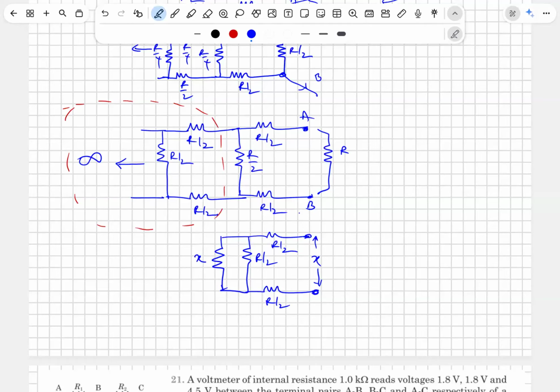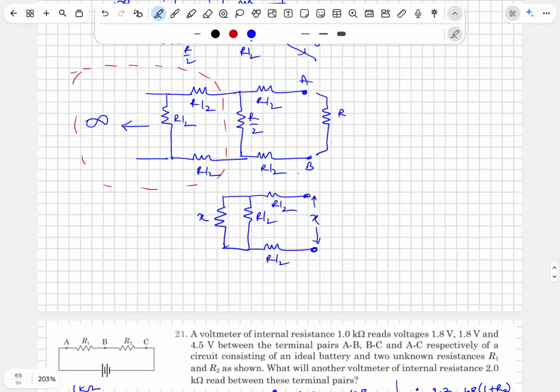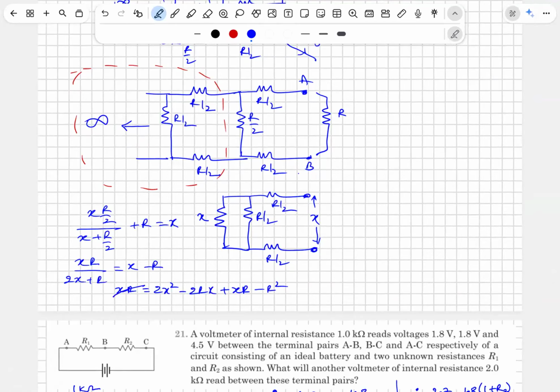Okay. So now what happens? X, R by 2 in parallel. X into R is 2x square minus 2rx plus xr minus r square.